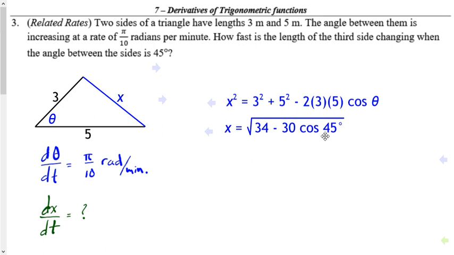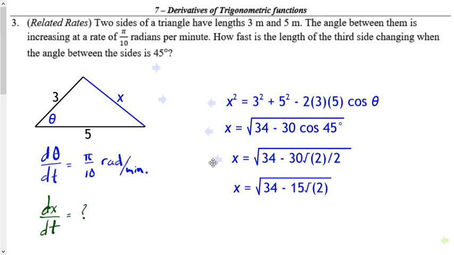We know the exact value for the cosine of 45 degrees is the square root of 2 over 2, or you may think of it as 1 over square root of 2. Either is fine. This I reduced a little bit. The 30 divided by 2 gives me 15. So there's the length of x at the instant when this theta is 45 degrees.